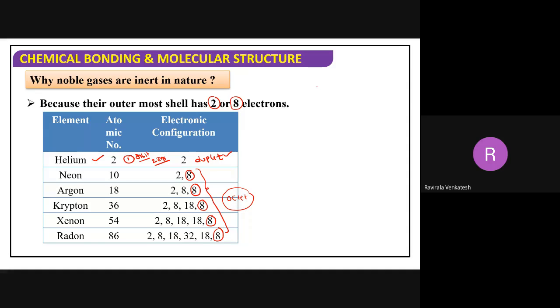Beryllium and magnesium. What's the configuration of beryllium and magnesium beta?